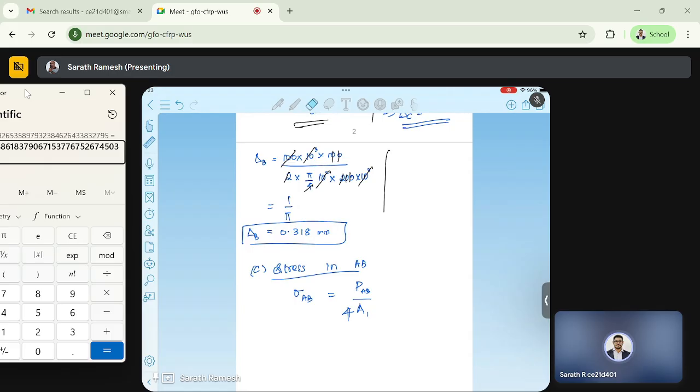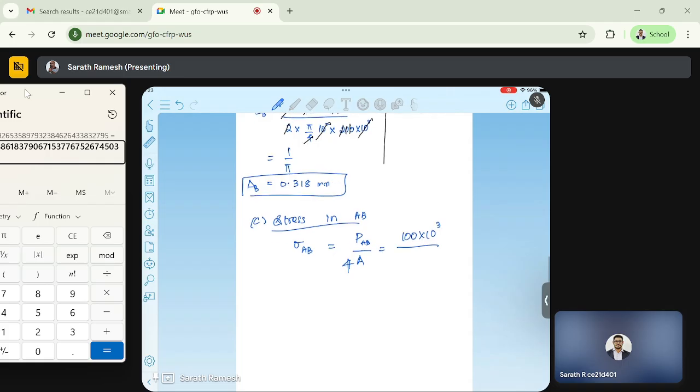So force in AB is 100 into 10 power 3 divided by 4 times pi by 4 into 10 square, so it is 1000 by pi megapascal.